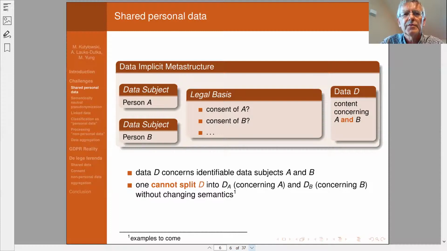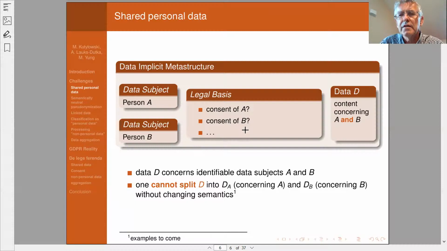Well, to start with something concrete, let us think about data that concerns not one single person, but 2 persons, person A and person B. So we have 2 data subjects for the same data. And well, what is the legal basis? Maybe the consent of A is enough, or maybe both of them, or maybe some other reason.